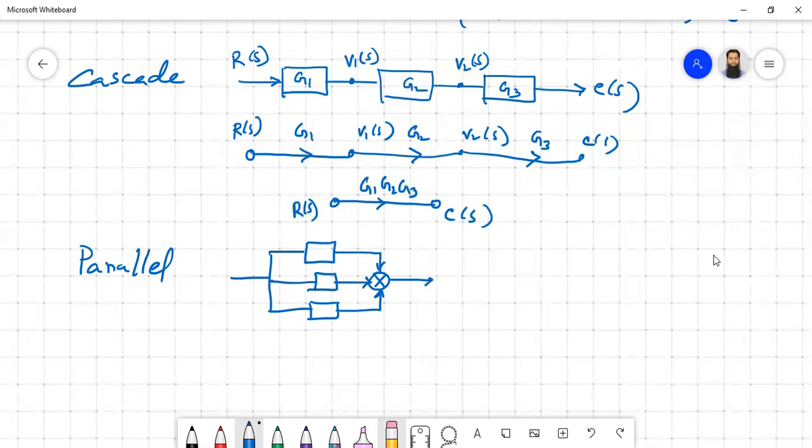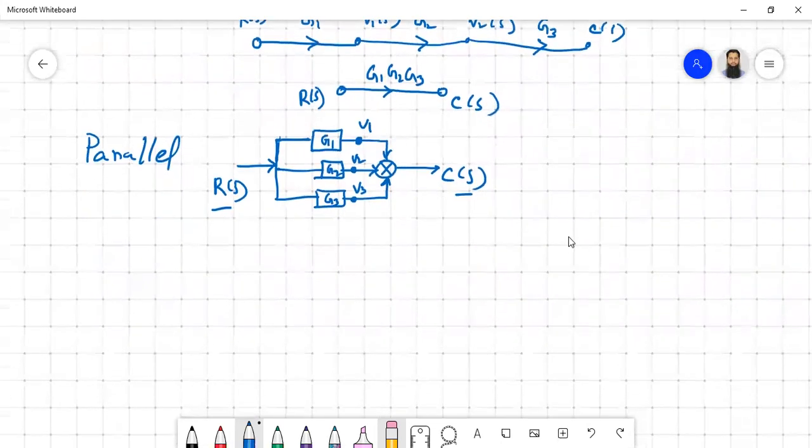You can also assume any one of them negative at any time, no problem. So G1, G2, G3, RS, CS. You have to identify the nodes. Here you can take one node V1, another node V2, and another node V3.